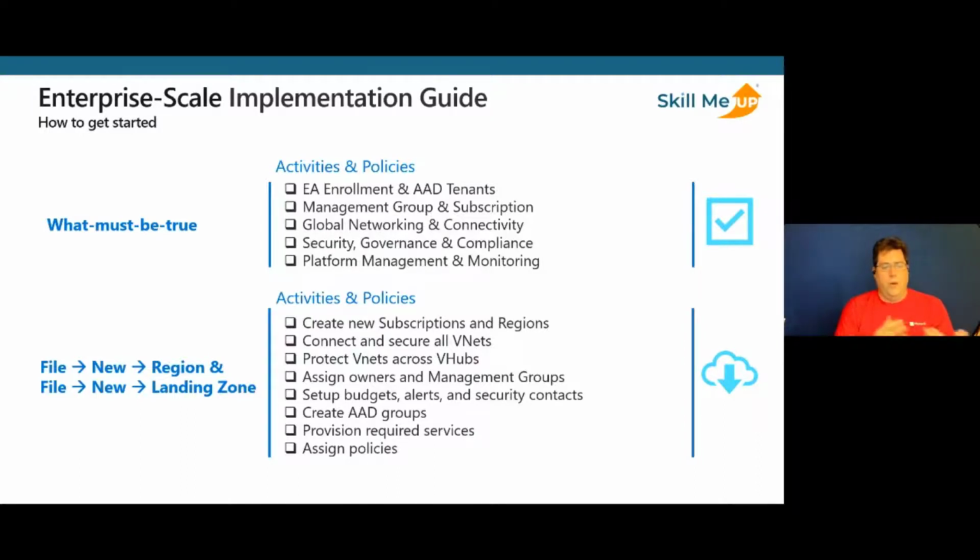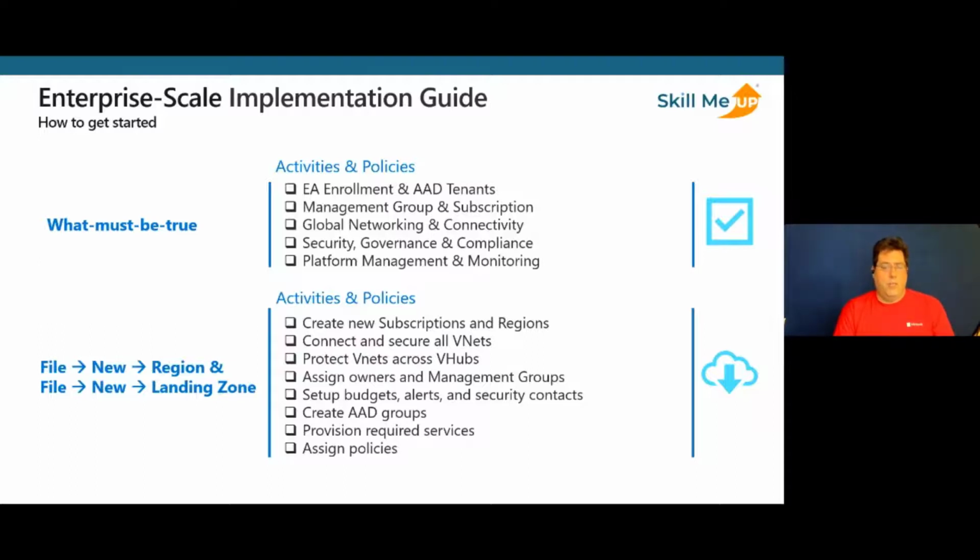Once we've identified those key areas, now we can start creating those subscriptions, creating those regions, creating our VNets, connecting and securing our VNets, and protecting those across. If we're going to use the virtual hubs, the vHub environments, assigning our owners and management groups, and how they're going to manage those environments. Are we going to utilize privileged identity management and those things?